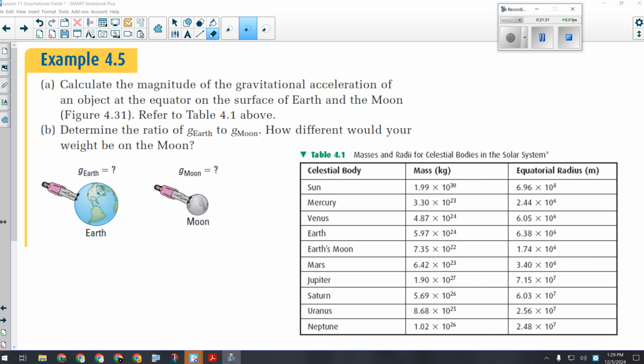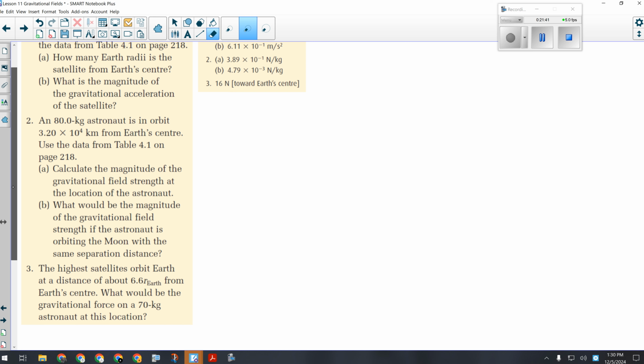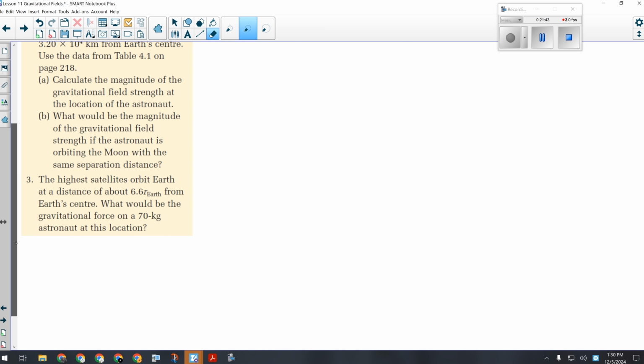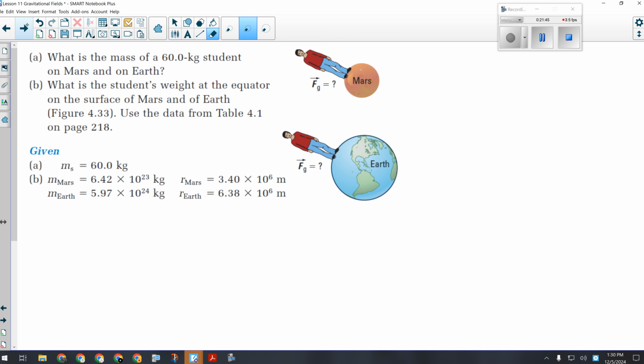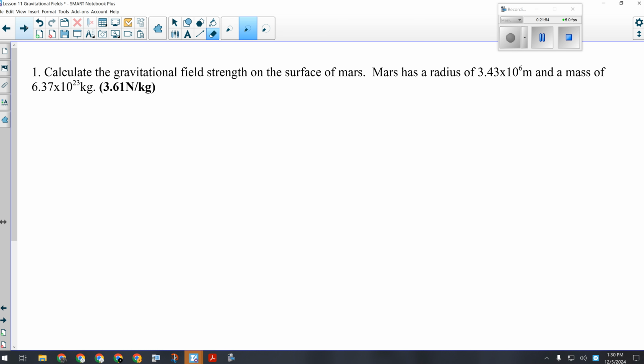Okay, so we want to calculate here. Okay, let's do this one together here, just to look at a simple gravitational field strength question.